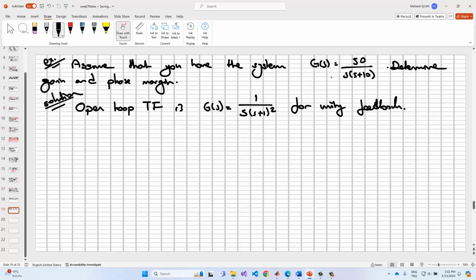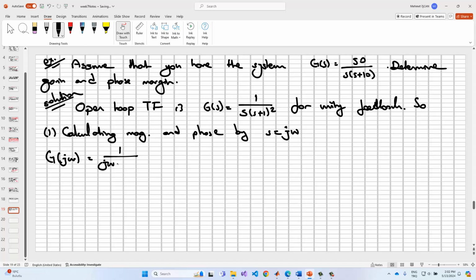Okay, so calculating magnitude and phase by s equals jw, right? And so then G(jw) equals 1 divided by (jw plus 1) squared, right?